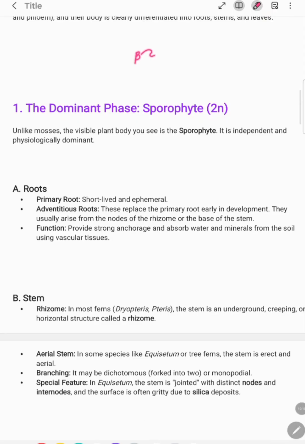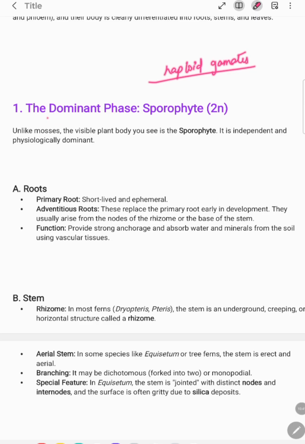As we have discussed earlier in bryophytes, their body is gametophytic. The main plant body of bryophyte is the gametophyte, meaning they are producing the haploid gametes.